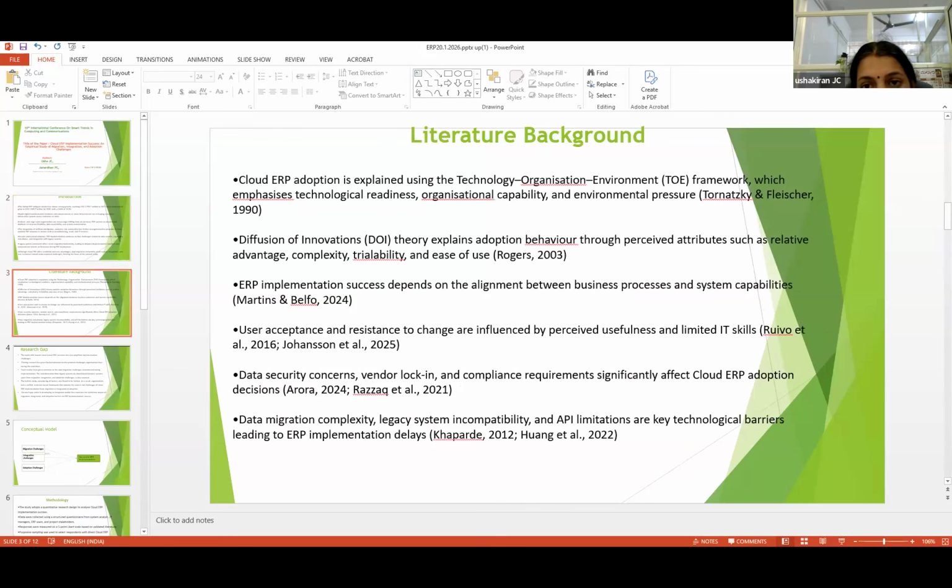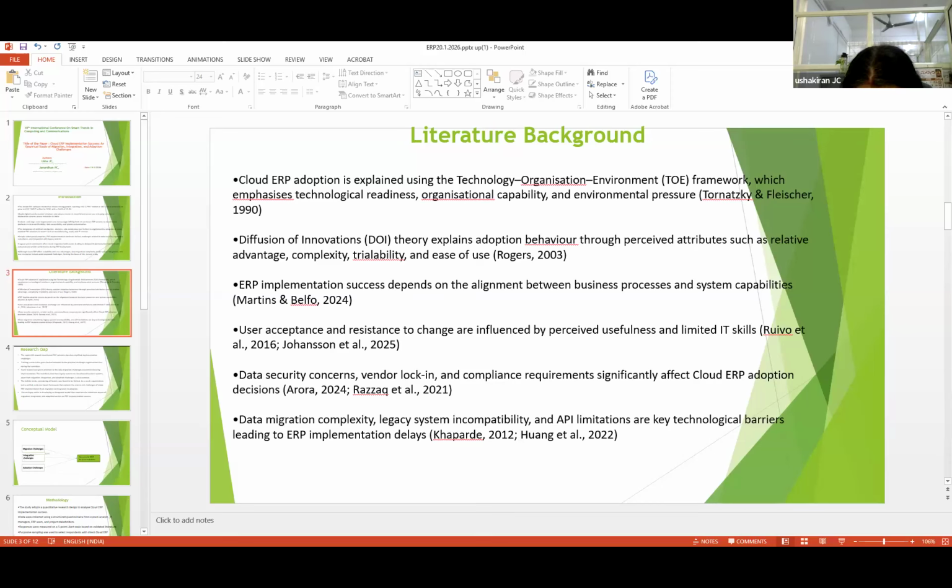So let's move on to the literature background. I have considered two theories as a base for my study. The first one is the technology-organization-environment framework, which explains ERP adoption through technological readiness, organizational capability, and environmental pressure.